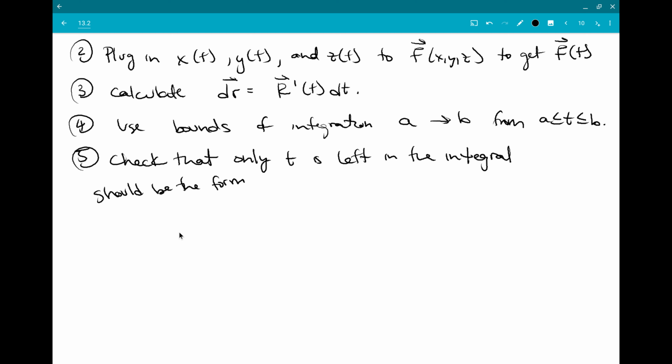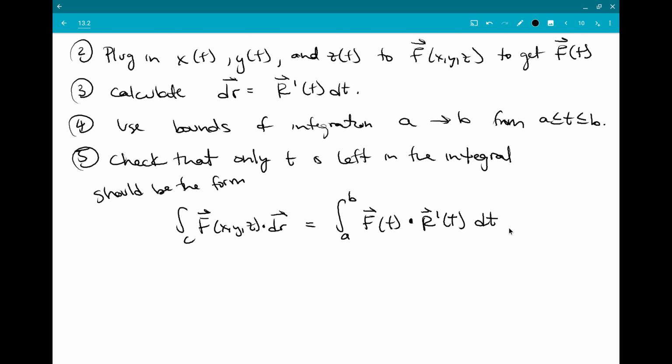And what it should look like now is that you used to have the integral over C of F of x, y, z dotted with dr. And it should look like an integral between two numbers of F that depends only on t, dotted with r prime, also a function of t. And you're going to evaluate this whole integral with respect to t.